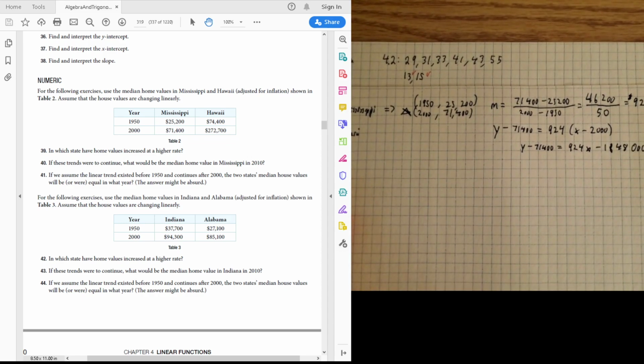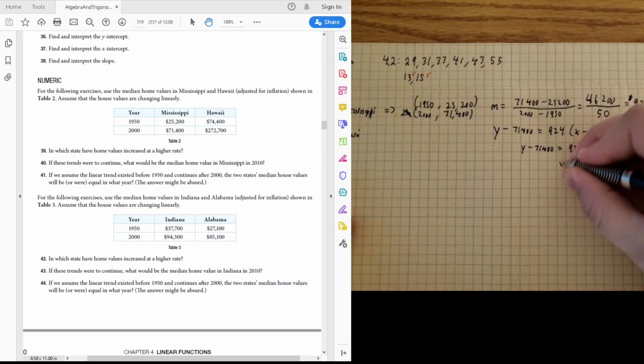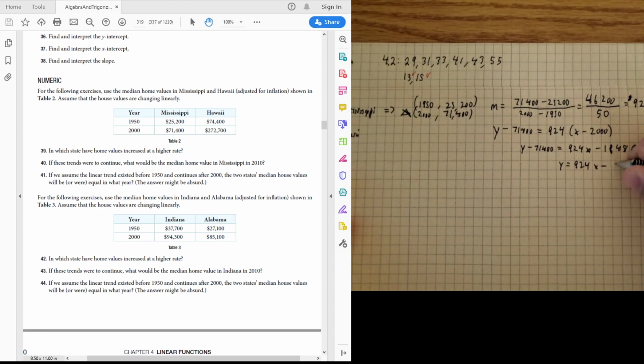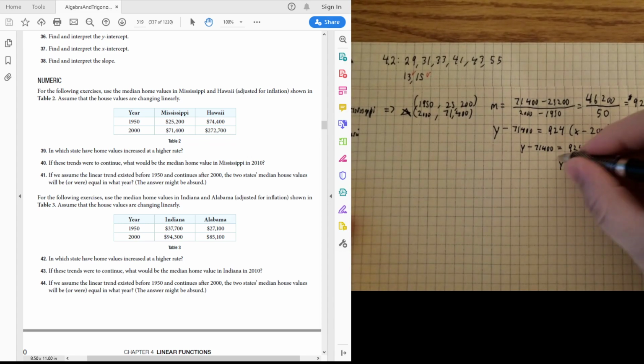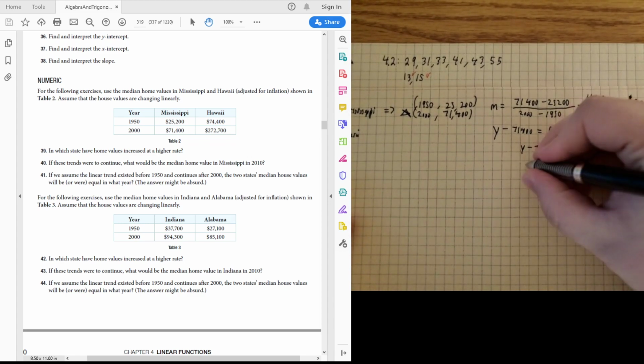Oops. Y equals 924x minus 1,776,600. So there's my equation for Mississippi.